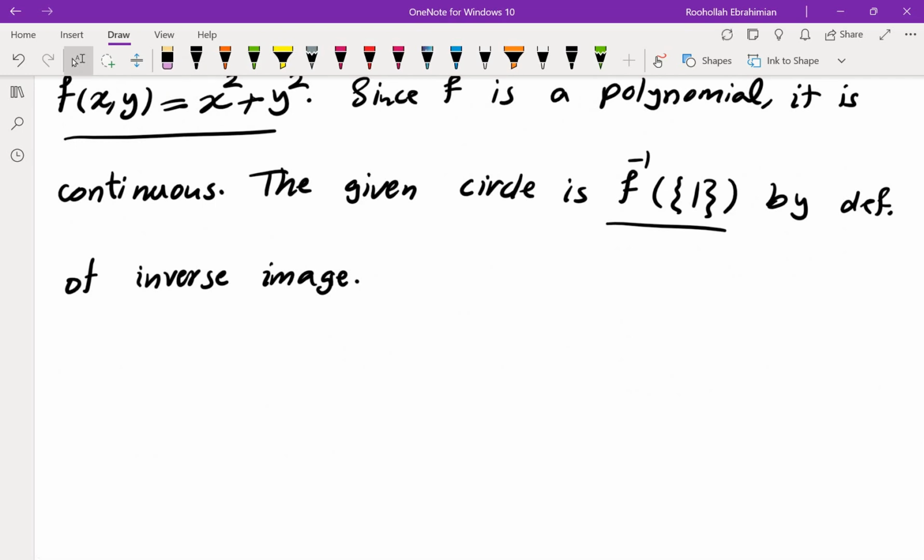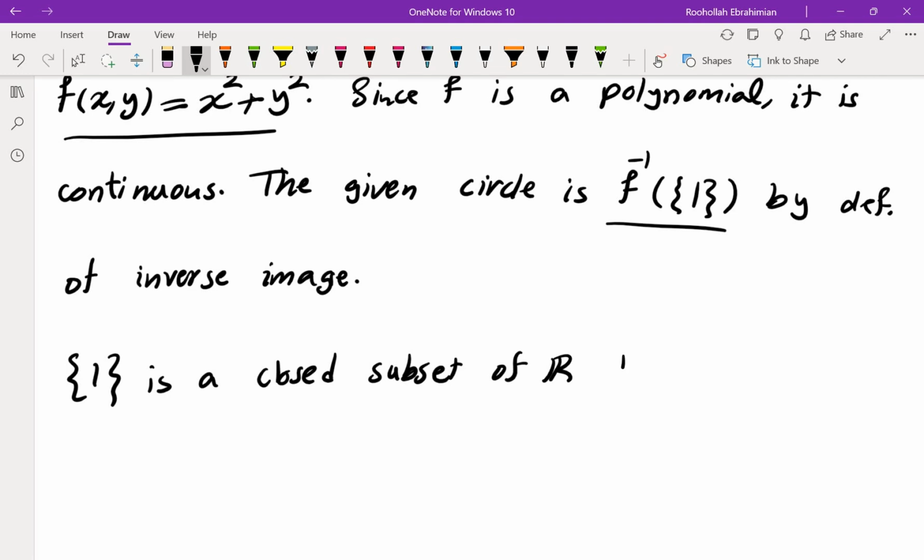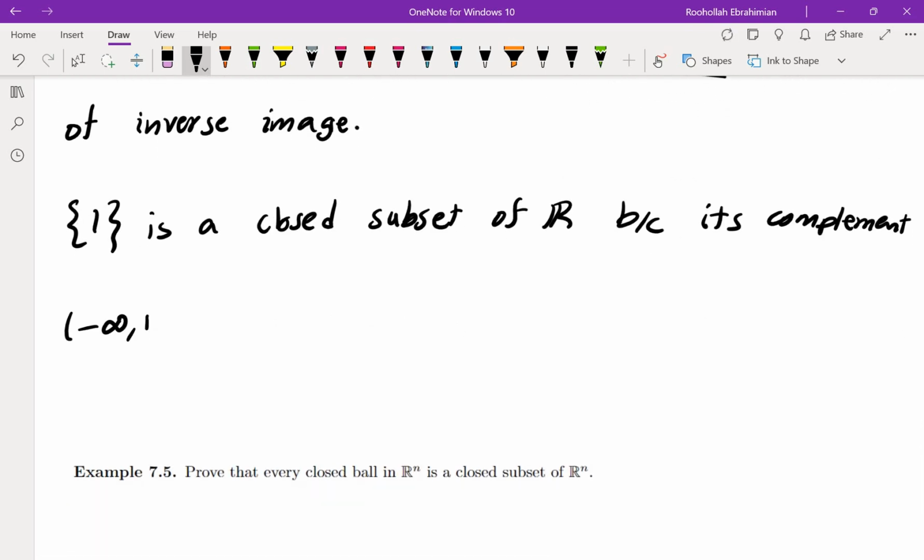Now, this singleton 1 is closed. This is a closed subset of R because its complement is negative infinity to 1 union with 1 to infinity, and we have shown that both of these two intervals are open.